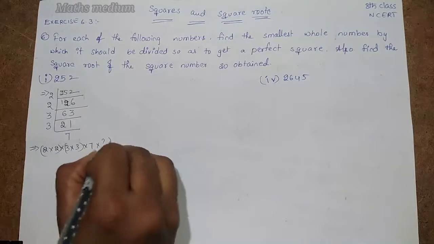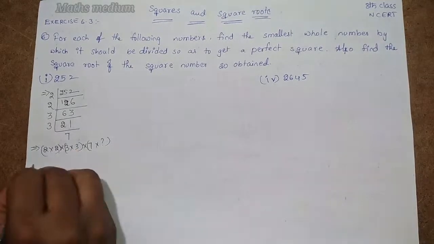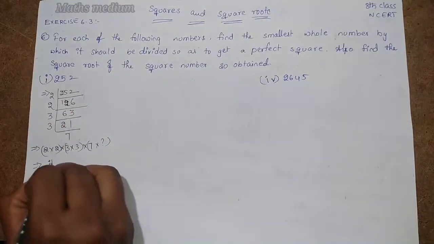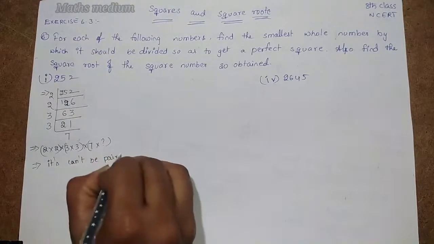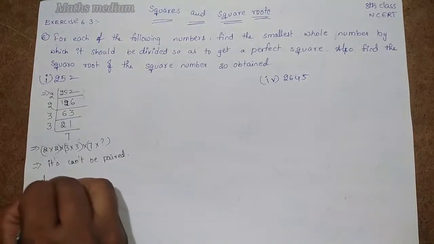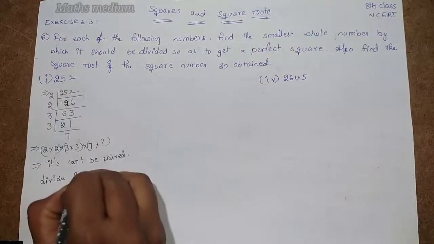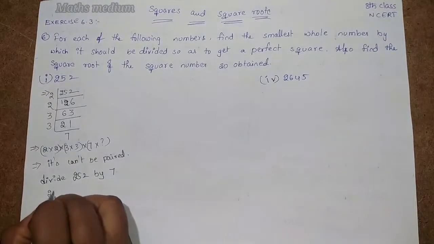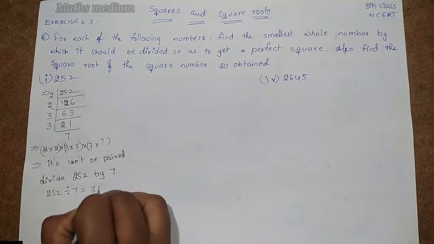But here we don't have a pair for 7 in the given prime factorization, so it cannot be paired. So what we have to do is divide 252 by 7. So 252 divided by 7 is equal to 36.